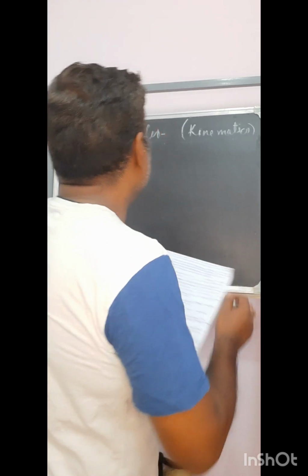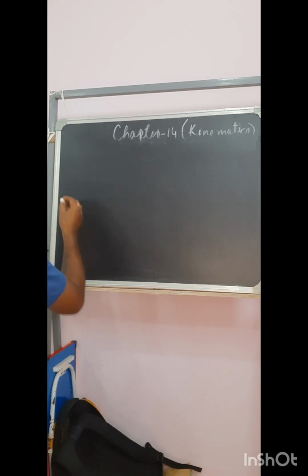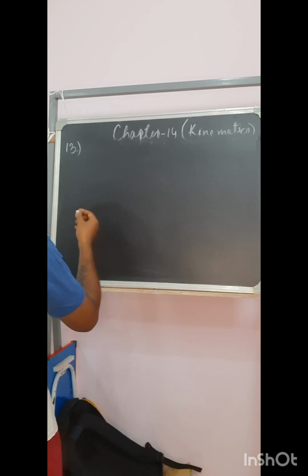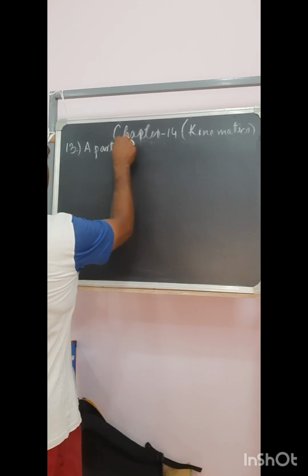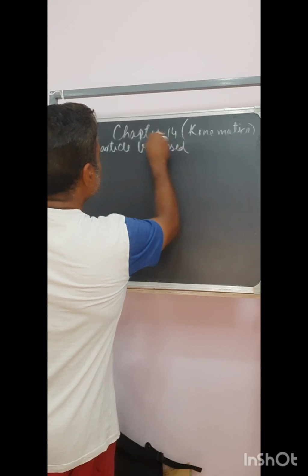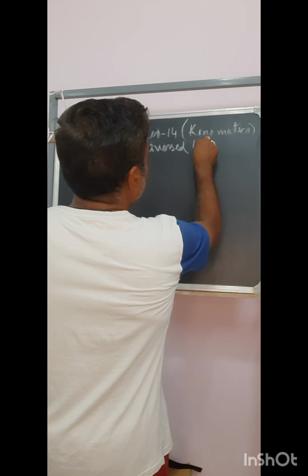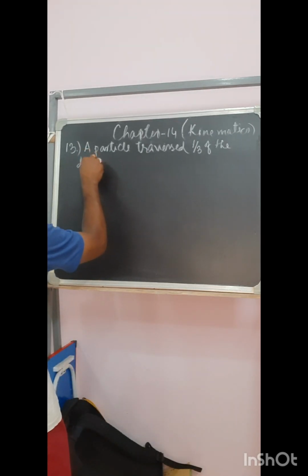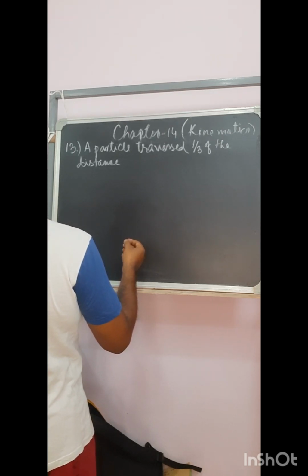Chapter number 14 on kinematics, and the problem is problem number 13. It says a particle traversed one third of the distance with a velocity v0.